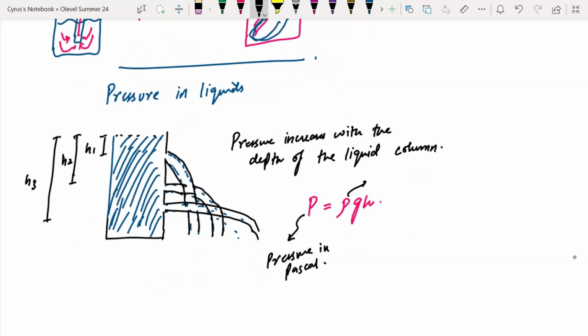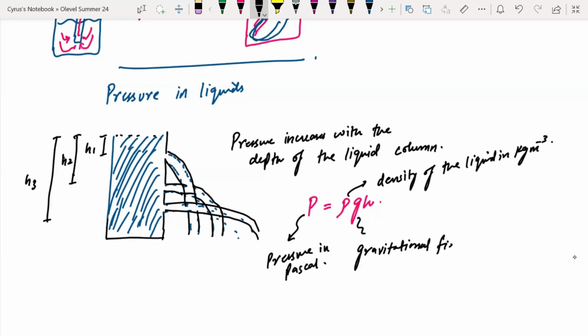Okay, rho is the density of the liquid, whatever liquid you're using, in kilogram per meter cube. g is the gravitational field strength or gravitational acceleration, in Newton per kg. This h is what? This is the depth of the liquid in meters.